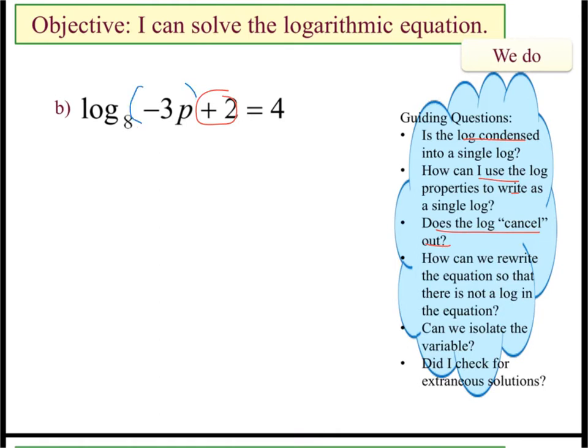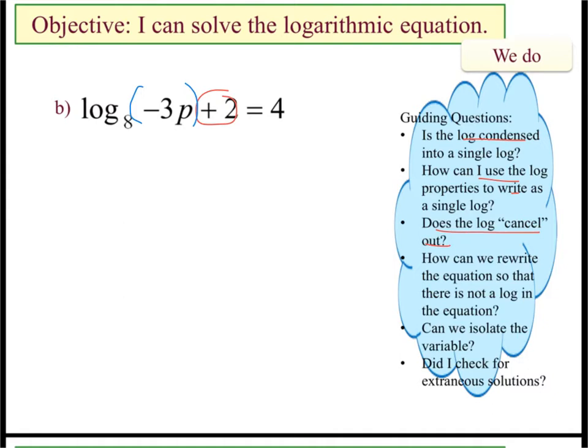The parentheses are around the negative 3p, and since that plus sign separates the 2 into a separate term, I know that that part is not part of the argument of the log. So the argument is negative 3p, and that plus 2 is not part of the log.